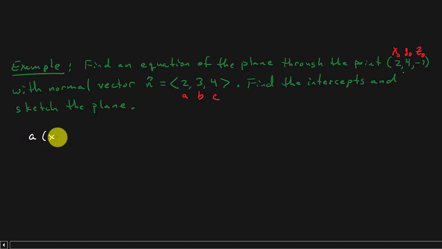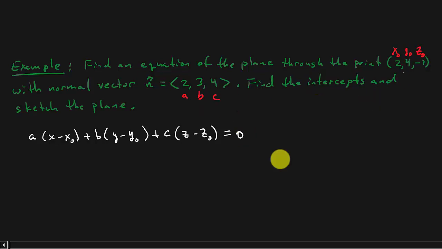So what's the equation of the plane? That's A times x minus x0 plus B times y minus y0 plus C times z minus z0 equals 0. Now all you're doing is plugging in, this second grade stuff.